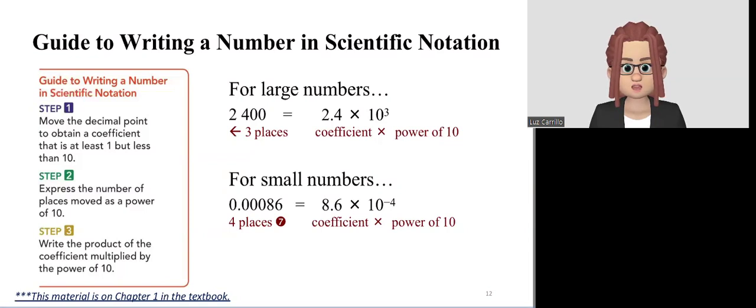Let's first deal with large numbers. We can see the digits 2,400. Just from the discussions that we have previously, take a moment, determine how many significant figures are in the measurement 2,400.